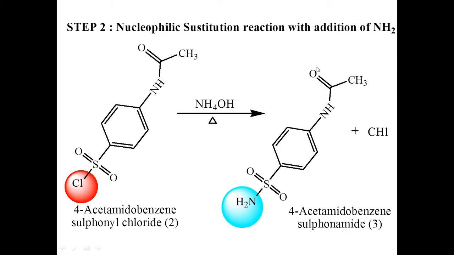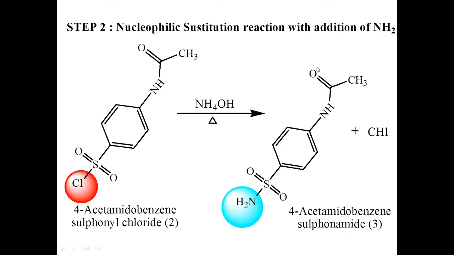This ammonium hydroxide undergoes an endothermic reaction and generates ammonia and water. This ammonia is used as a continuous source of ammonia to the reaction mixture, and this ammonia acts as a good nucleophile and attacks the sulfonyl chloride group, in which the chloride acts as a good leaving group, leading to the synthesis of 4-acetamido-benzene sulfonamide.